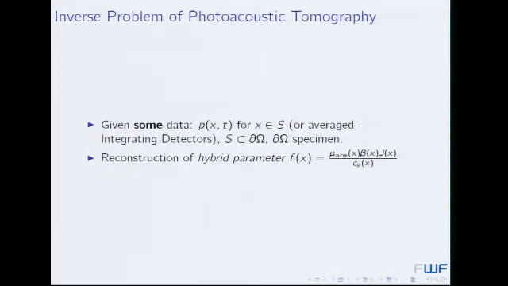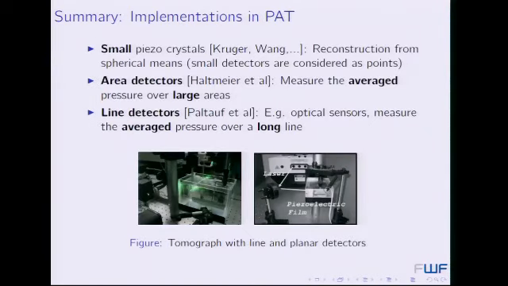In the ideal case, which is the one which I will consider later on, you measure all around the object. If you do just partial measurements, it gets much more complicated from a point of view of reconstruction and stability. And then you image and visualize this parameter consisting of these several components.